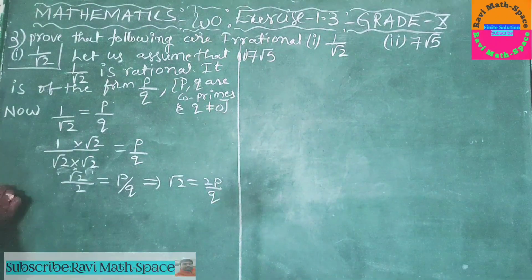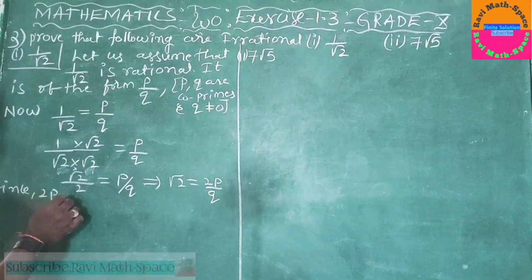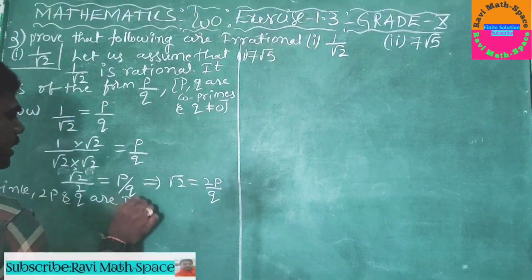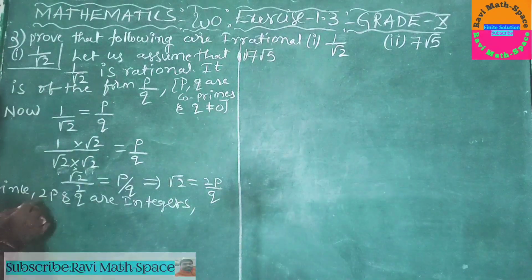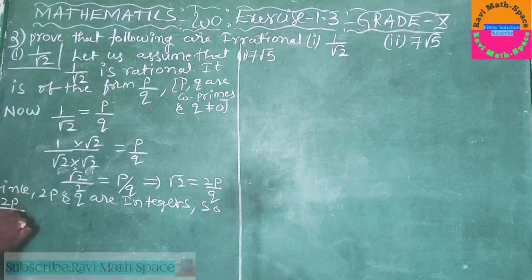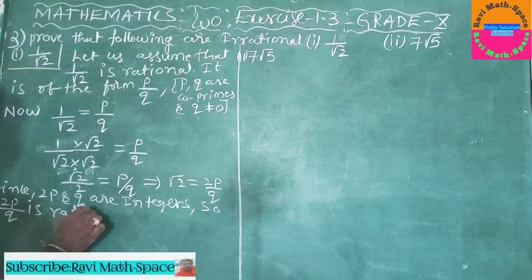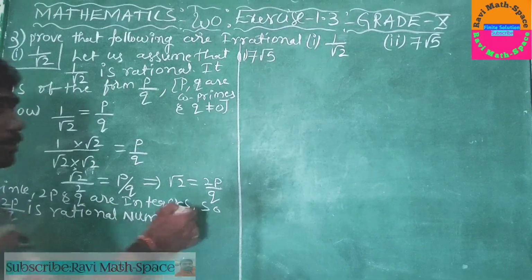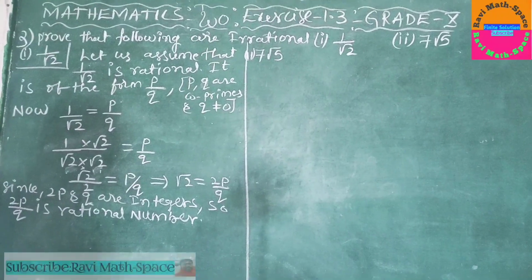Here I will write now: since 2p and q are integers, 2p by q is a rational number.